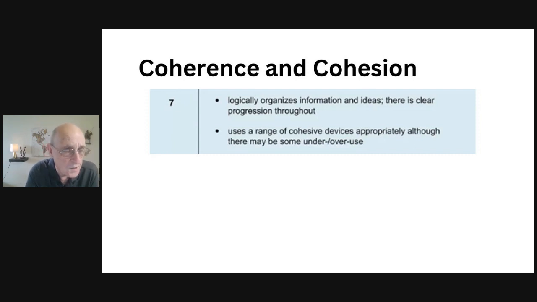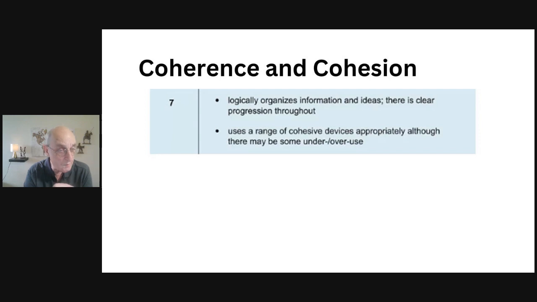So that's task achievement. Then we come to coherence and cohesion. And that means for level 7, to logically organize information and ideas. There's a clear progression throughout. The progression of your letter is directly related to that prompt that you're given. And you use a range of cohesive devices.